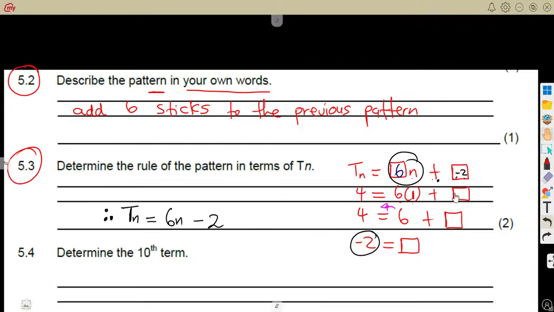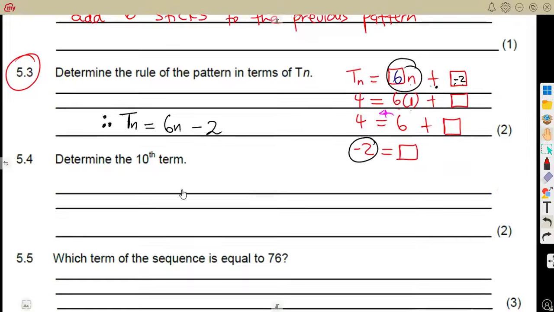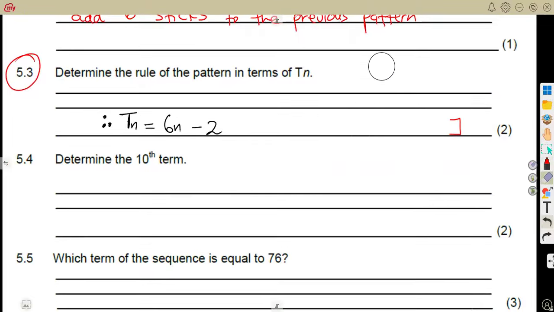Then 5.4, determine the 10th term. The 10th, from where? Remember this, our general rule can be used to determine anything at any position. At the 10th position. So it means what is our T10?